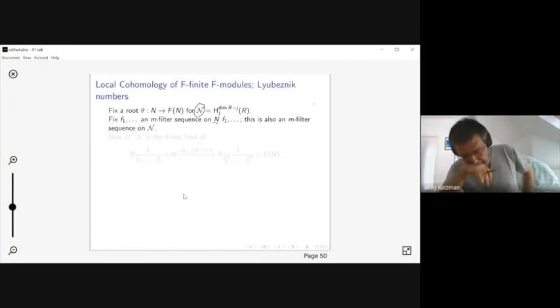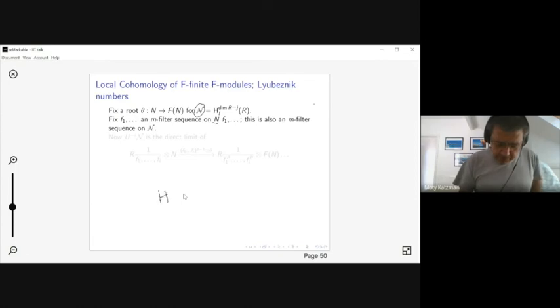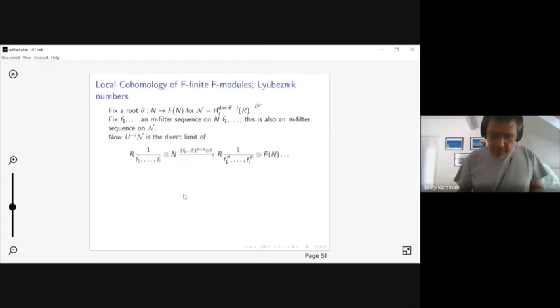Okay, so now how do we compute the ith local cohomology with support in M of this curly N? Well, the magic of filter sequences is telling us we have to apply the complex to N, the complex which we build with filter sequences, and then we take cohomology of that.